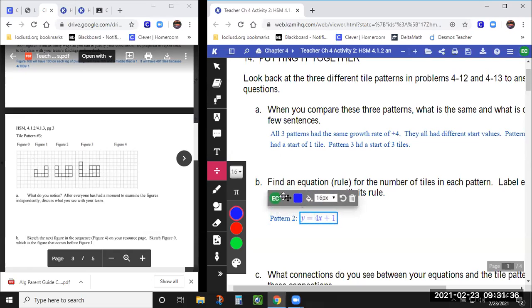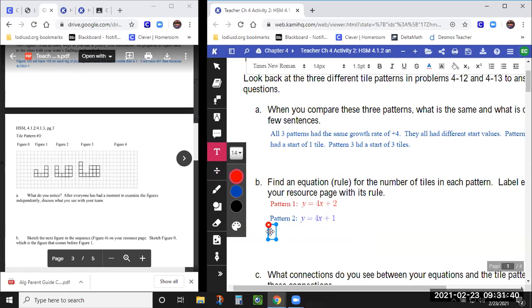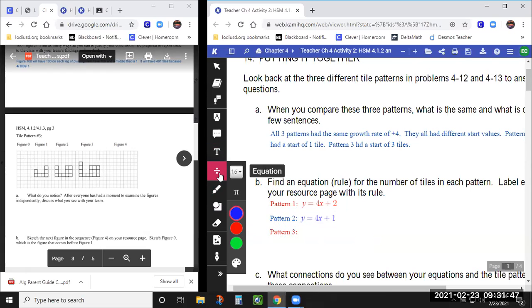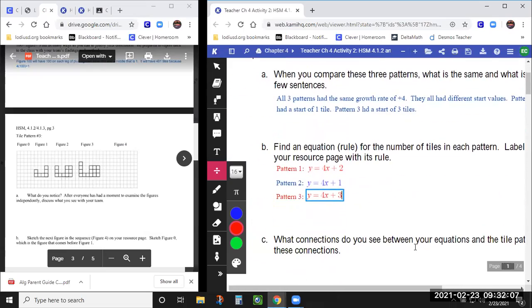Pattern 3. Y equals 4x plus 3. Okay. So we wrote the equation for each pattern. We labeled each pattern on that, right? We did that all.